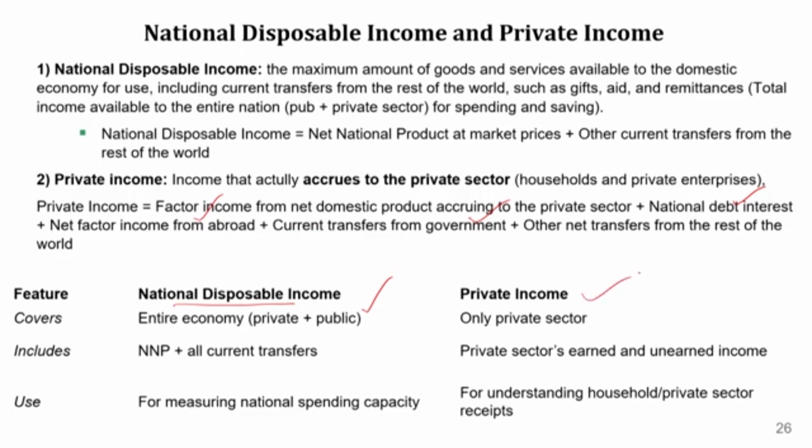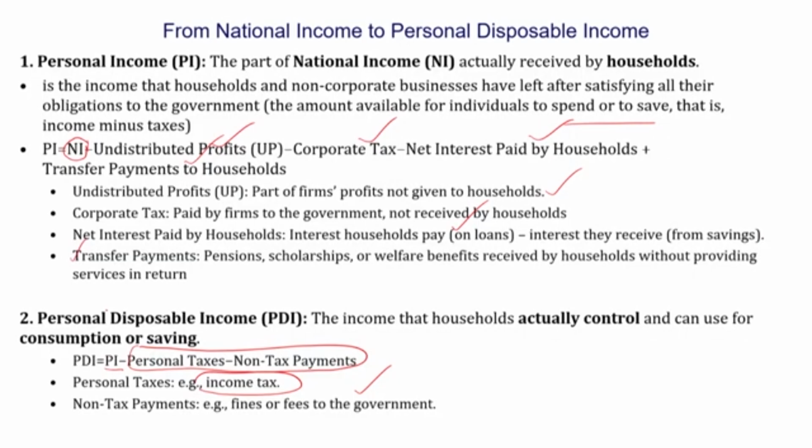And private income is only for the private sector, and includes both private sector earned income as well as unearned income. So this is for understanding the household or private sector receipts. In the previous slide, what I used was personal disposable income.